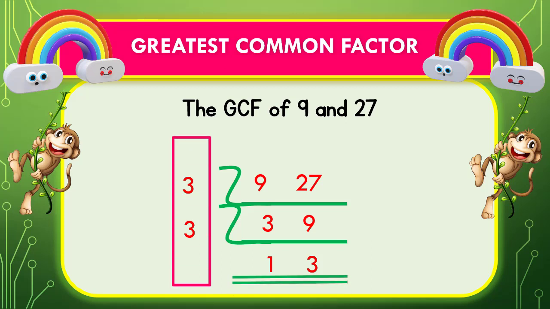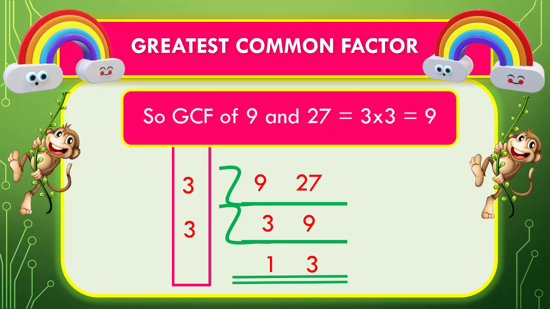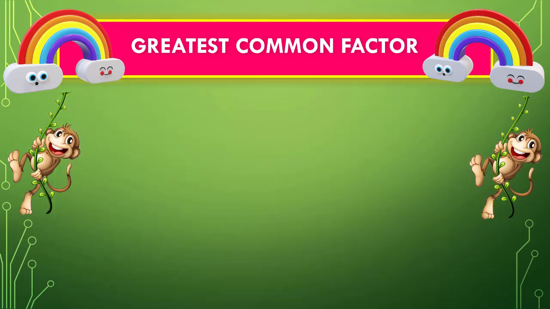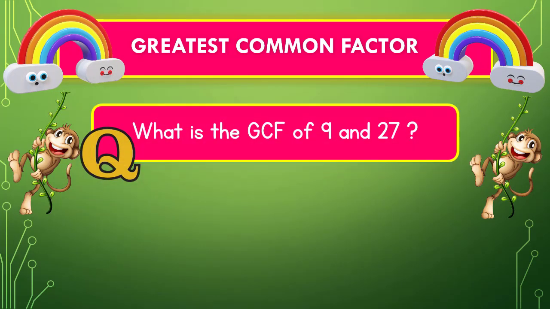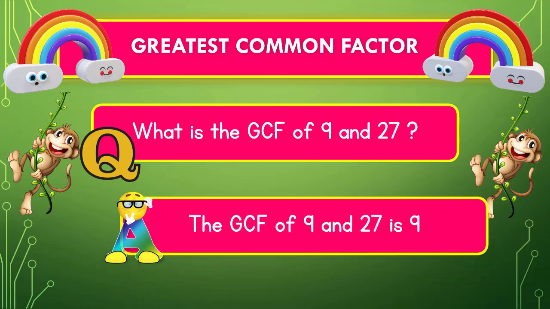It's 3 times 3, or 9. The greatest common factor of 9 and 27 is 9.